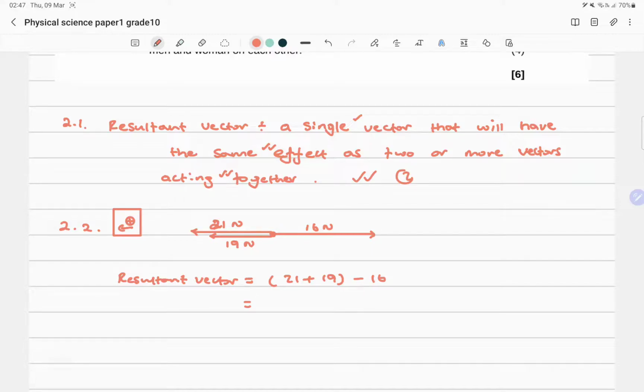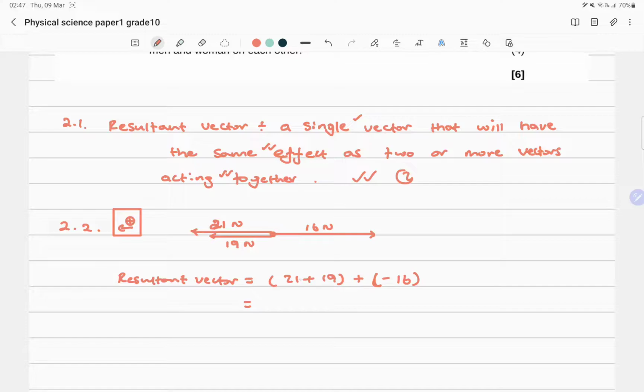Because this is directed differently, we chose the west as positive.